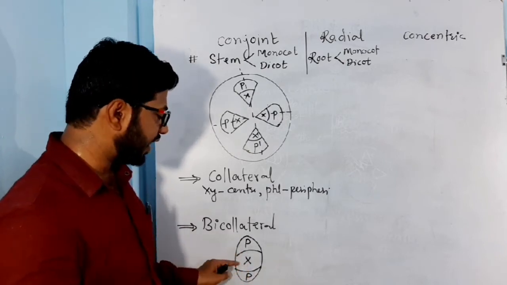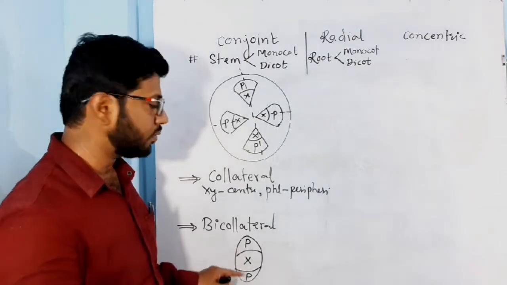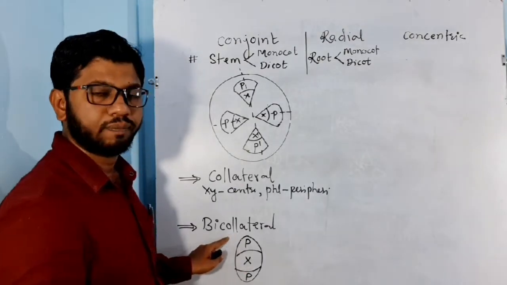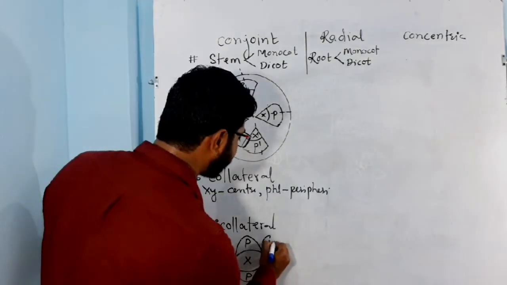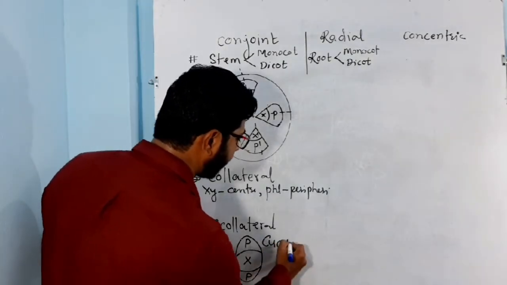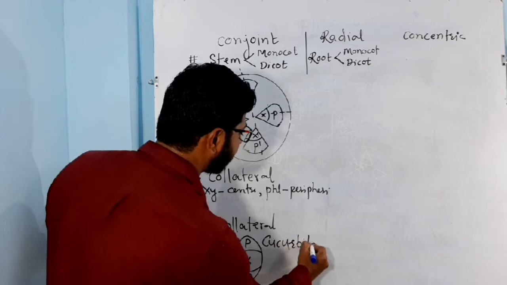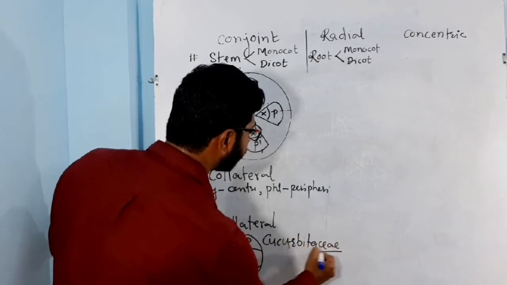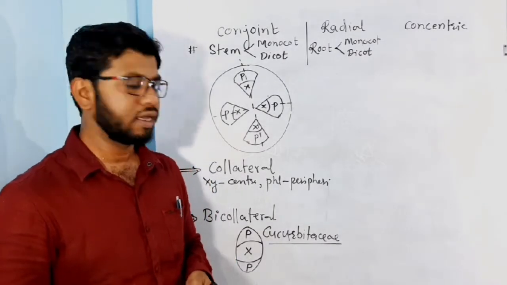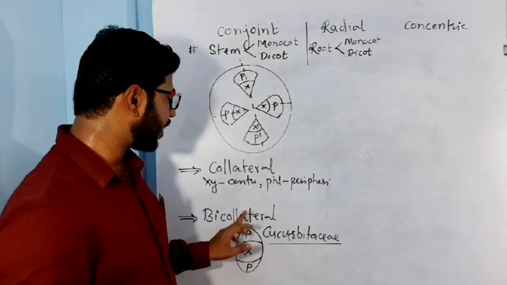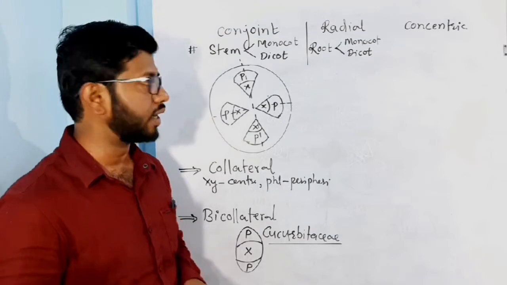It is called xylem is sandwiched between two phloem. Bicollateral vascular bundles are the characteristic feature of the angiospermic family Cucurbitaceae. So in Cucurbitaceae many members are there such as watermelon, all the members possess bicollateral type of vascular bundle.